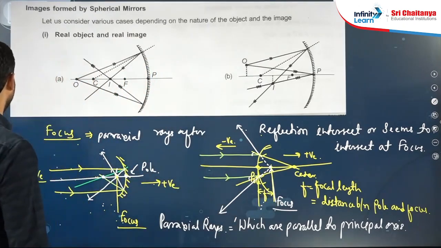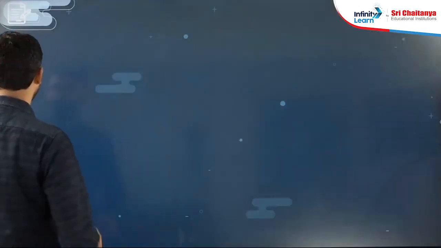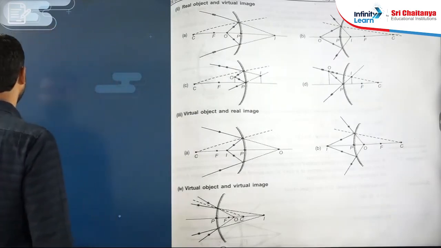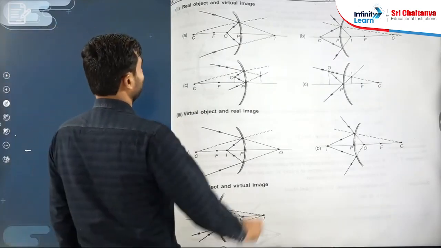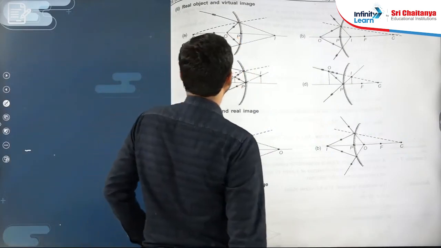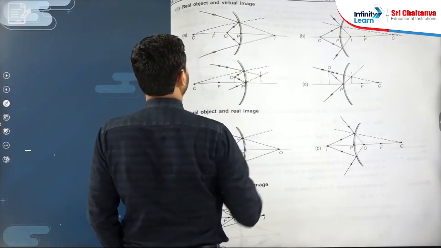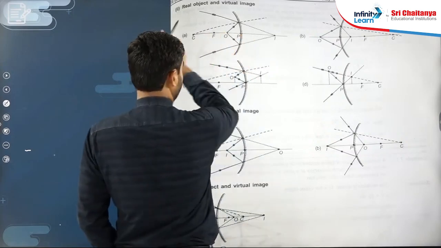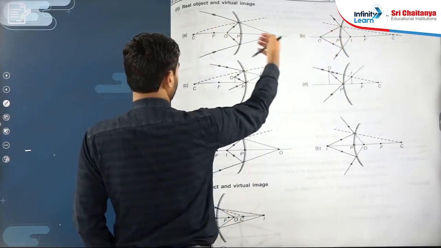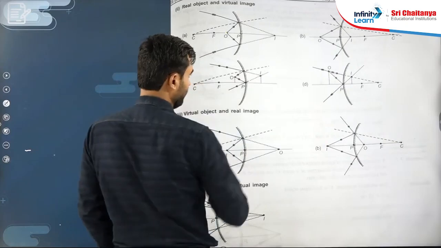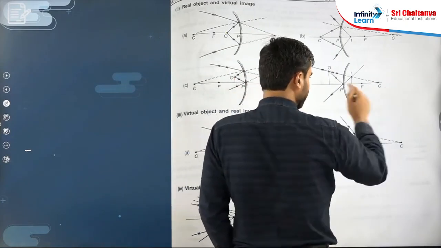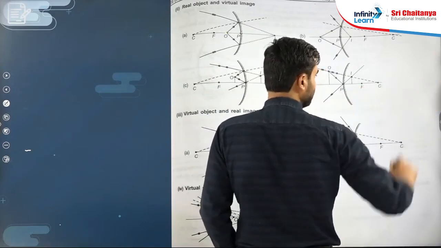So next point that we have to write here about focal length. And here also in all these diagrams we can understand this. Which mirror is this? Concave. This is focus, right? Now, pole to focus, rays are incident like this. This direction positive, this direction negative. So, pole to focus is negative. Here we can see rays are incident like this, so this direction is positive, this is pole, this is focus. Pole to focus positive.